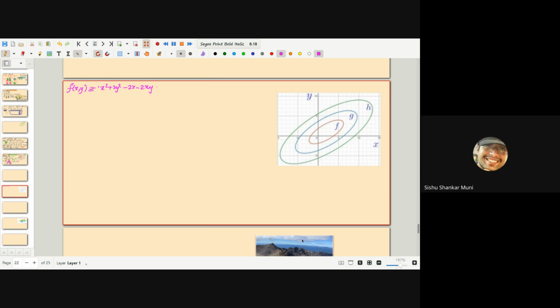Maybe you take 10, 20, 30, then you get these contours. And the idea is, since the function is increasing radially, the gradient direction will be outwards. Gradient will point in the direction of steepest increase of a function. So you can see the function is increasing radially, so the gradient is pointing in that direction.